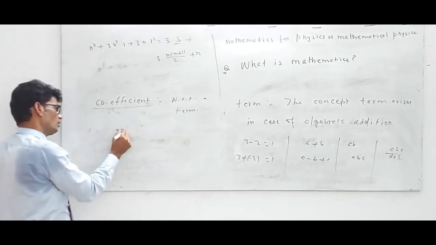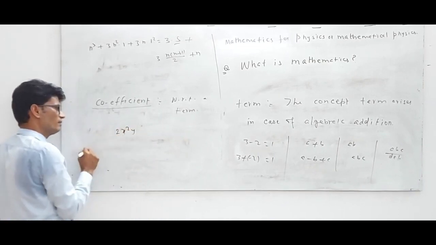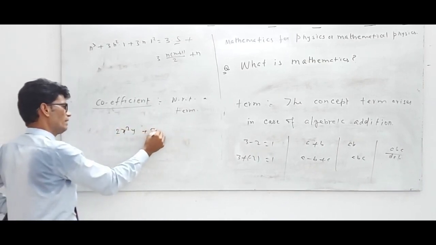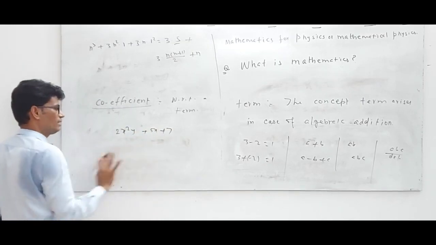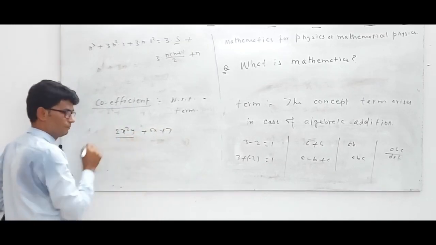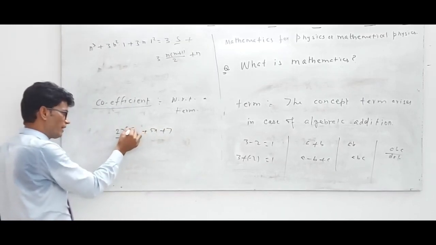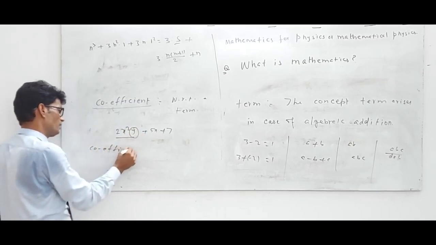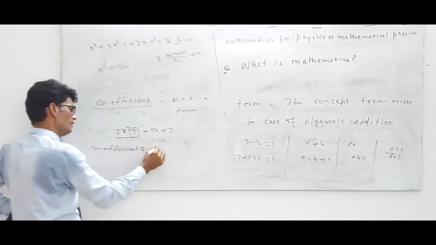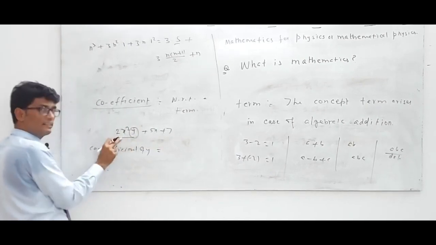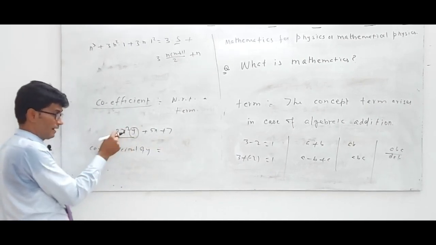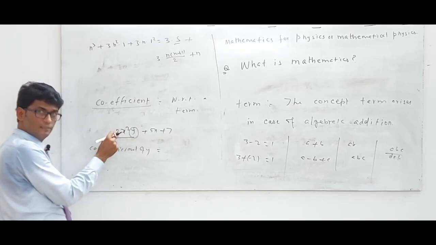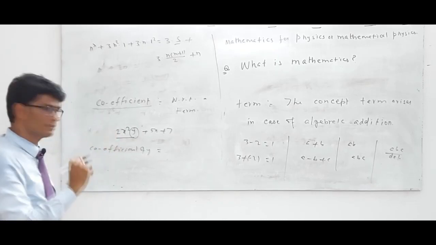Here I get 2x squared y plus 5x plus 7, that has got 3 terms, and this is the first term. Coefficient of y, leaving y, all factors. Look at here, I am calling them factors.